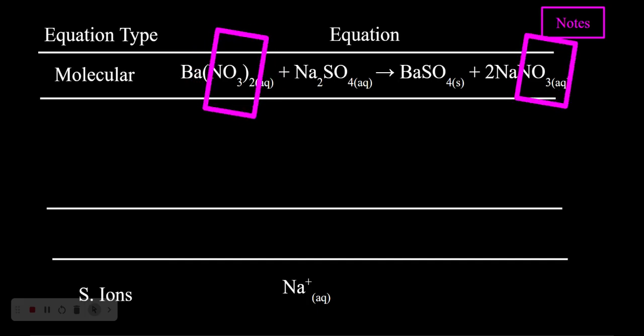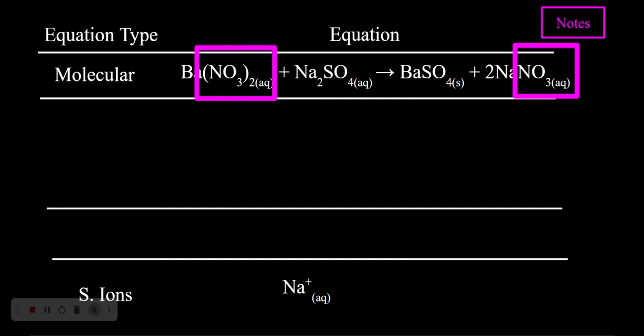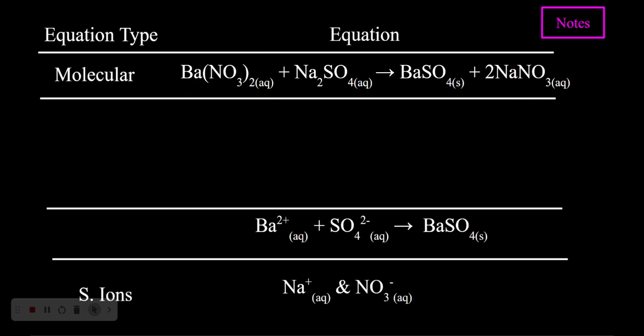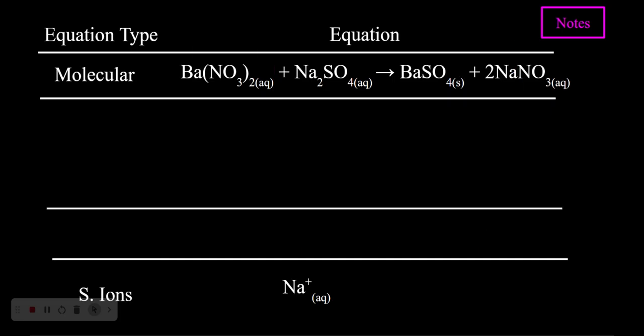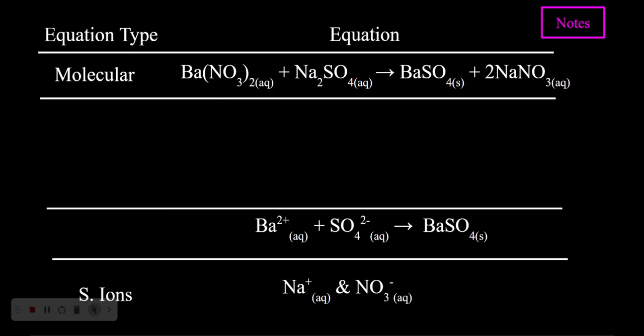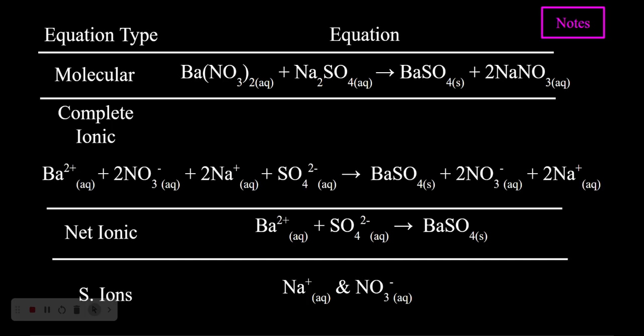The nitrate ions are also spectators, so I cancel those out. That means I'm left with the barium from the first compound and the sulfate from the second compound, becoming barium sulfate, the solid. And then the complete ionic is everything together.